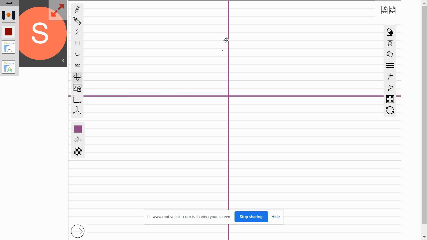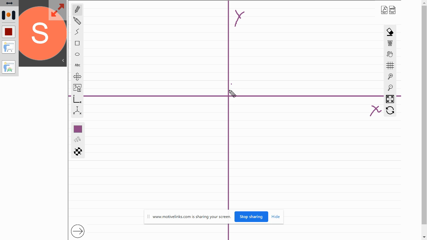Okay. So right here is a coordinate plane. I think you guys may know this, but right here is x, and right here is y. So this entire line is the x-axis, and this line right here is the y-axis.